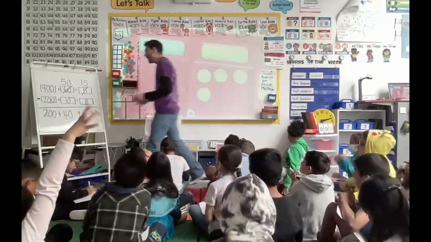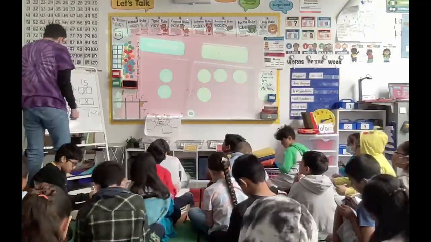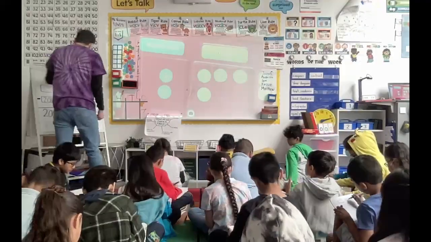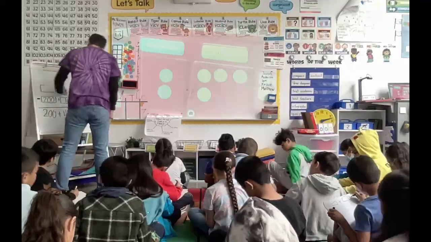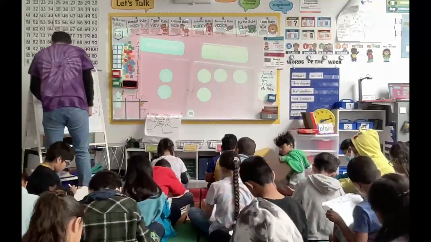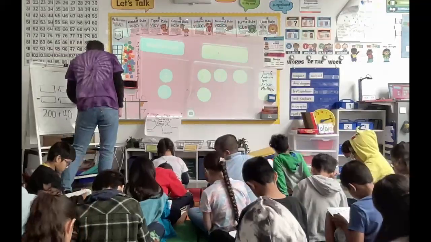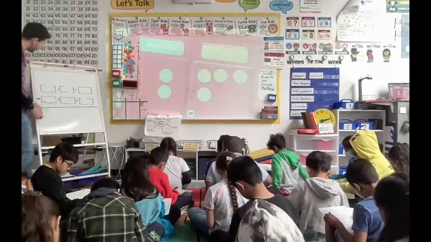Go ahead and make 3 boxes on top, 3 boxes on the bottom, just like your worksheet today. And I'll get our game board set up. So it should look like this.